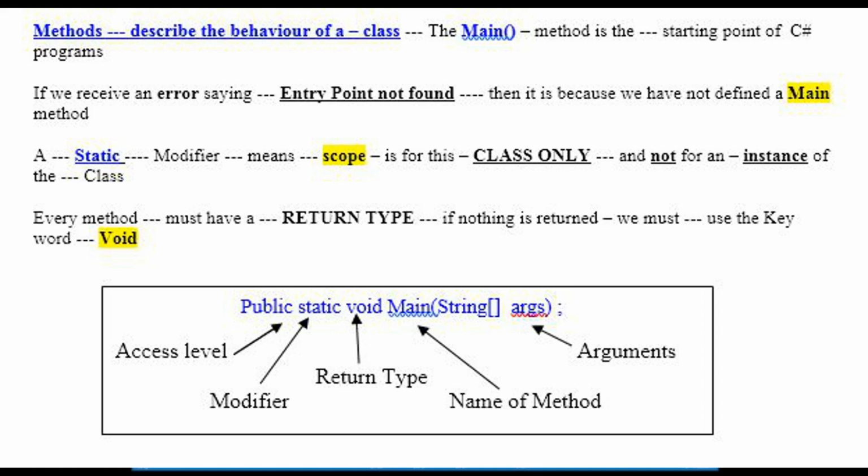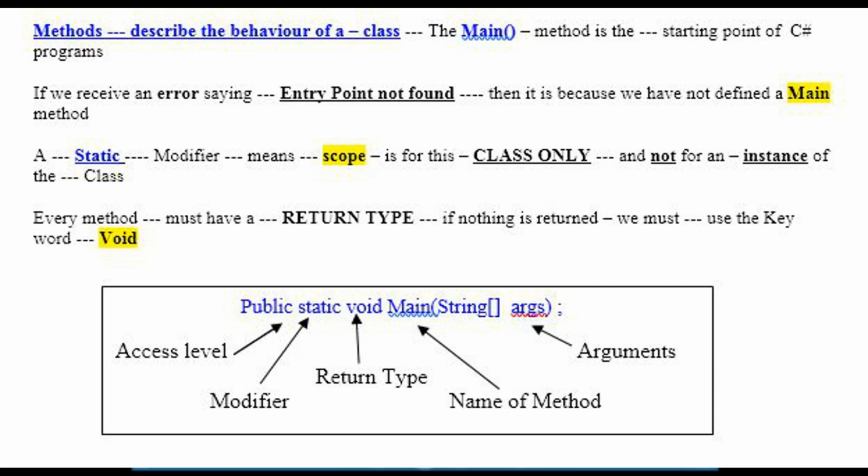In order to declare a method, we have to define a number of distinct parts to it. So a method may well have an access level. So this could be defined as a public method or a private. Typically, you might well also include a modifier. A method can be static or non-static.